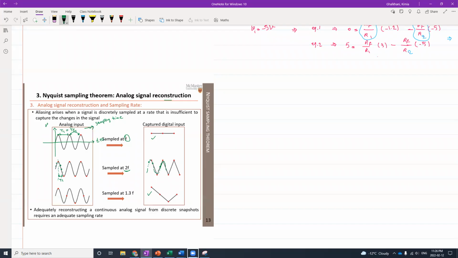So make sure we are not going to use anything less than 2F for our controlling application, especially for applications such as automotive, because we always must have some data from some sensor at minimum 2 times faster than the original signal change, but the maximum can be even up to 10 times, right? This is going to be the maximum, but the minimum should be at least 2 times or 2F, right?